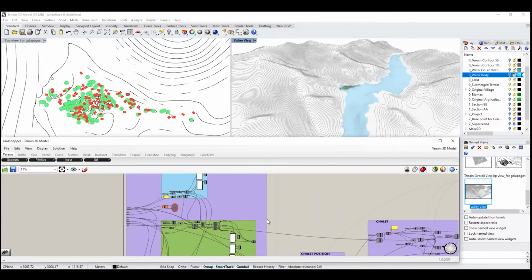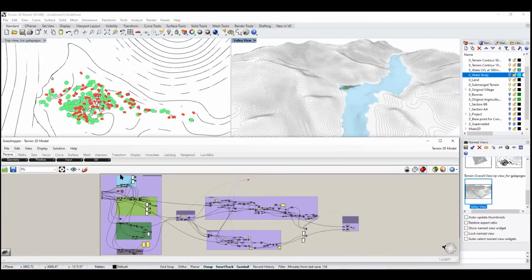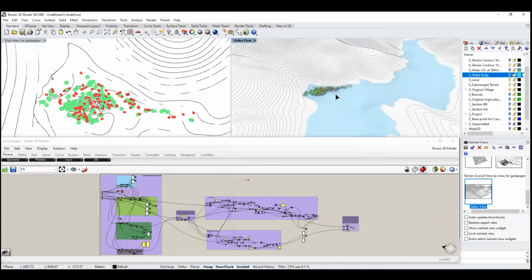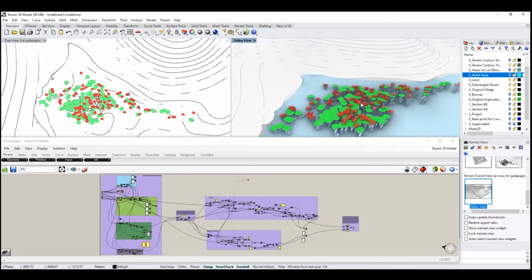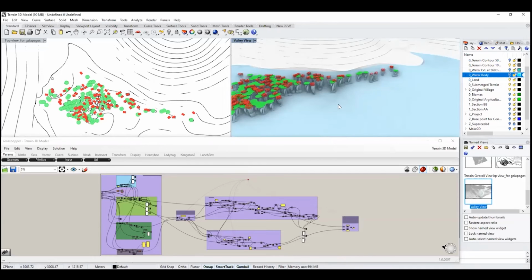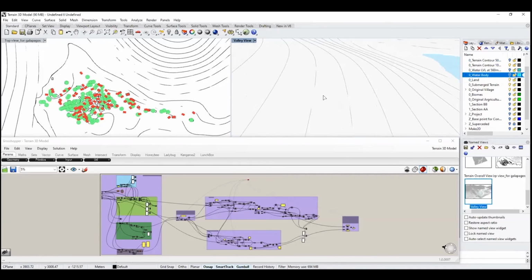So what you need to know is that I have 4 big parameters here, which is the blue one is the water, and the green one is the submerged part of this village. So if I just quickly do this to show you what I mean by the water level.